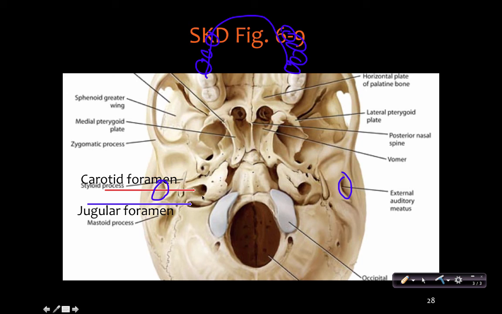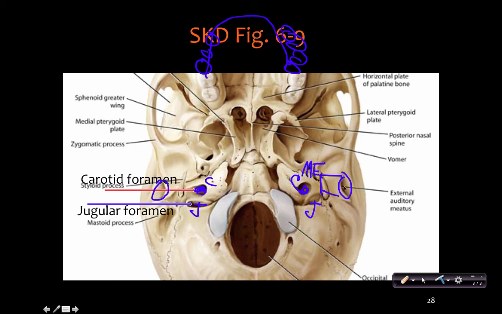So in this particular case, this carotid foramina is here for the carotids, so that's the carotid, and then the jugular foramina sort of right next to it. What's important to note is that this is the external auditory canal, and essentially right above this, I don't have the capacity to show you from this particular view, but immediately above this particular surface would be what we call the middle ear.